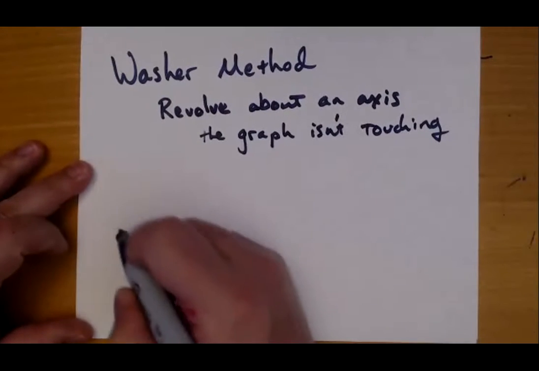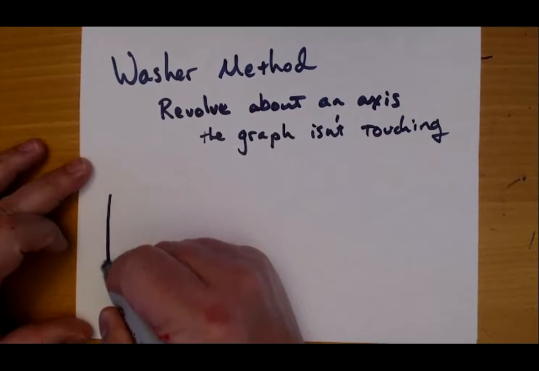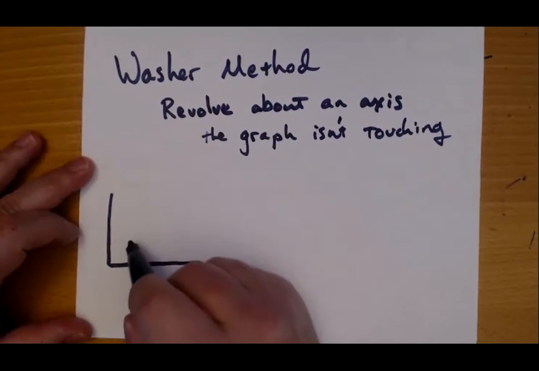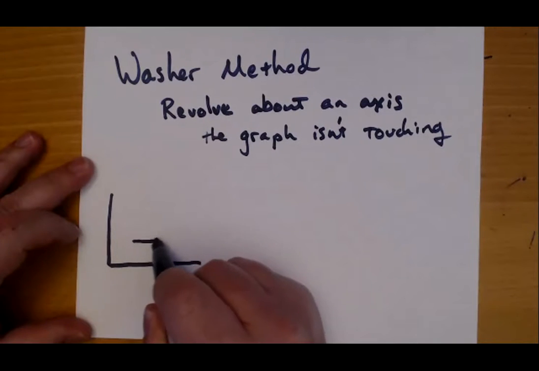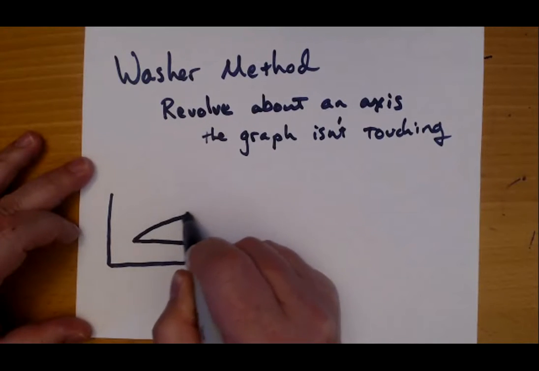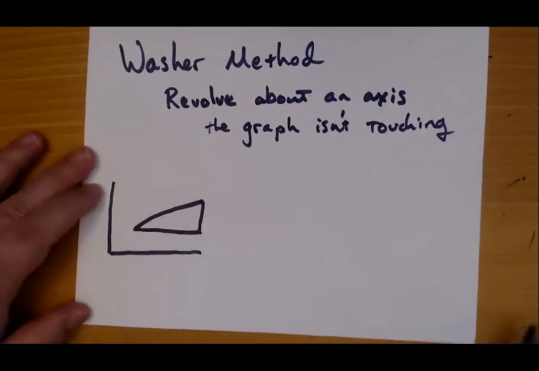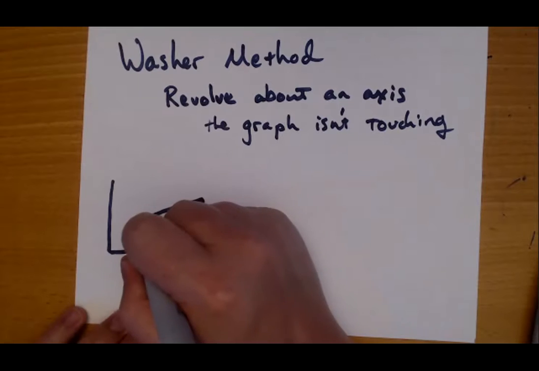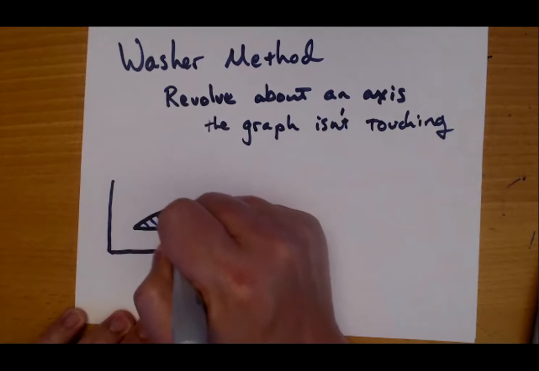So let's think about this for a second. Let's take that square root function that we dealt with before. We had the line y equals 1, and we had this area.